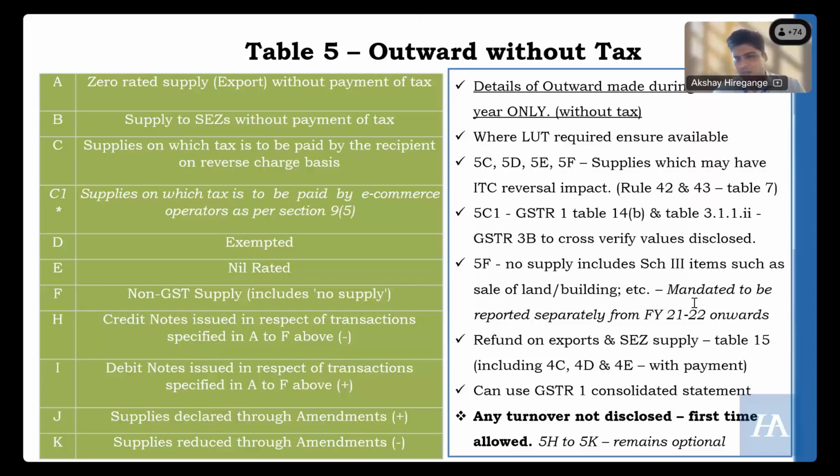But please keep in mind, Rule 47A has been introduced from 1st November 2024, which has given a time limit to raise self-invoice of 30 days. Which means for any liability from 1st November 2024 onwards, you may not be able to use circular 211.